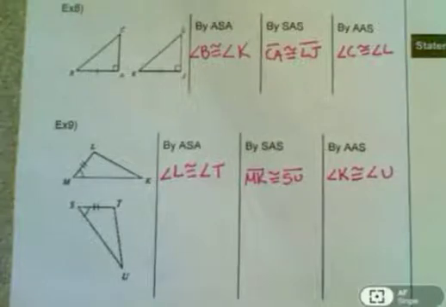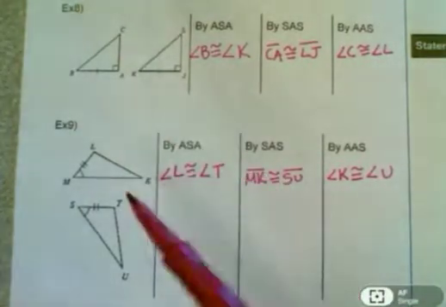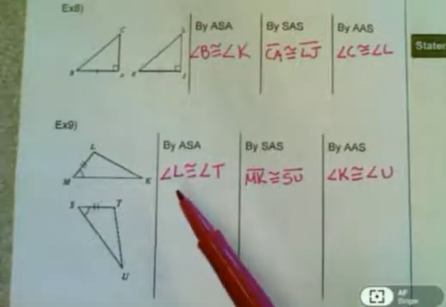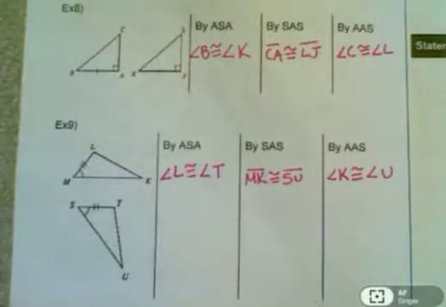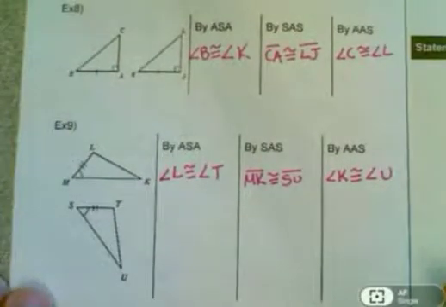One note is that in these examples, I was able to name my angles a lot simpler, just with one letter, because the triangles aren't overlapping, and that makes it easier to write. So go ahead and pause this, check your answers, and then we're going to move on and do this proof together.